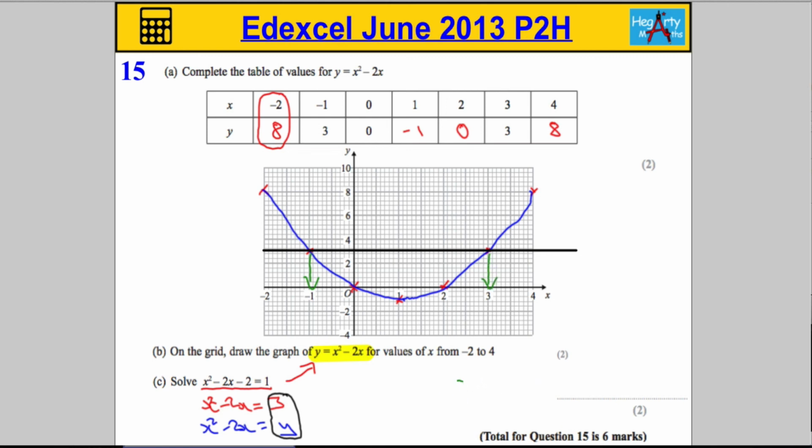So we know that x will equal negative 1 and x will equal 3, and that is the solution to x squared minus 2x minus 2 equals 1. And you can also see those answers come from the table. And again, when y is 3, we get a value of x equal to 3. And we're done.